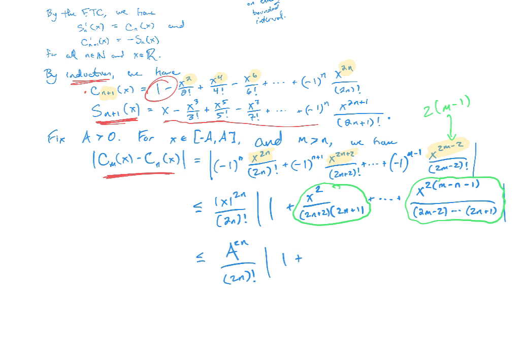The terms on the bottom are all at least 2n. In fact, they're all greater than 2n. So we make the fractions bigger if we change them all into 2n's. So in my bound, I'm going to change the top to an a and the bottom to a 2n.